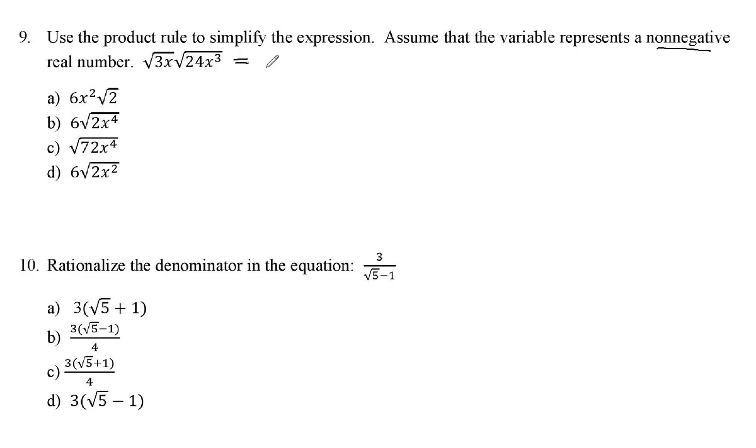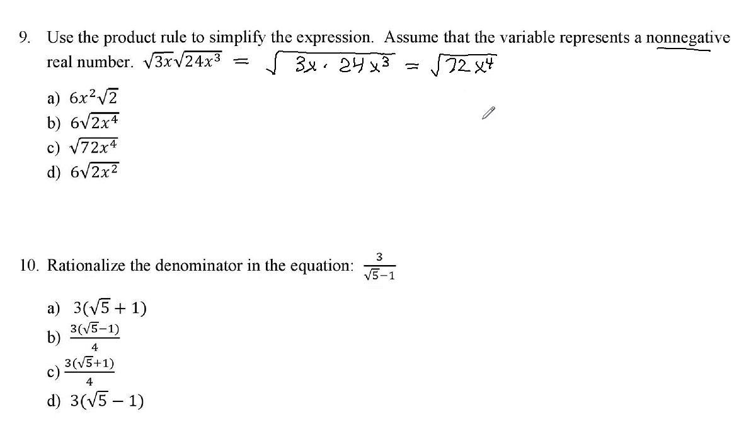So this is going to be the square root of 3x times 24x cubed. So then 3 times 24 is, let's see, 72 looks like. So it's just going to be square root of 72. And then x times x cubed is x to the 4th.